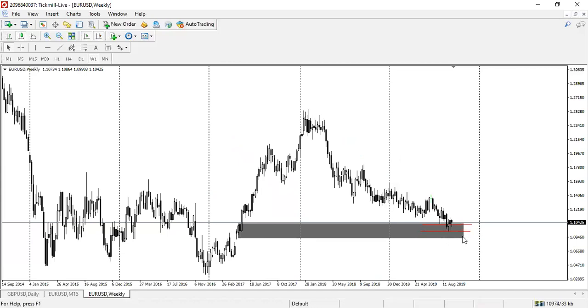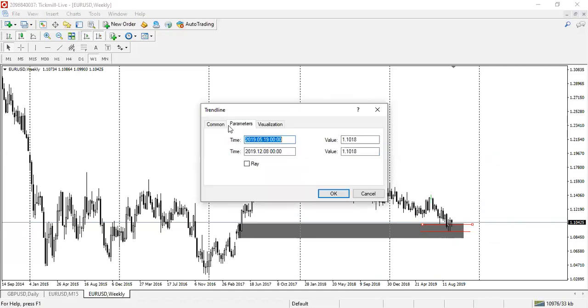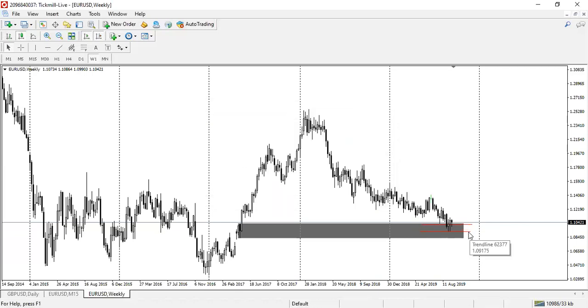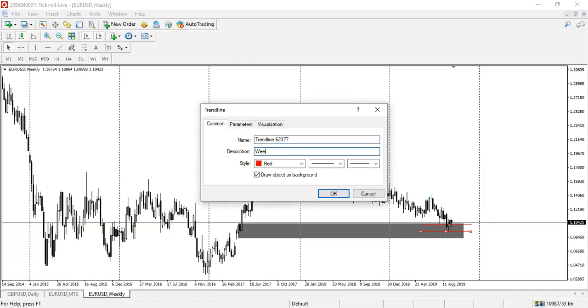Having done that, let me mark this. This is called weekly order block opening price, and this is weekly order block midline.